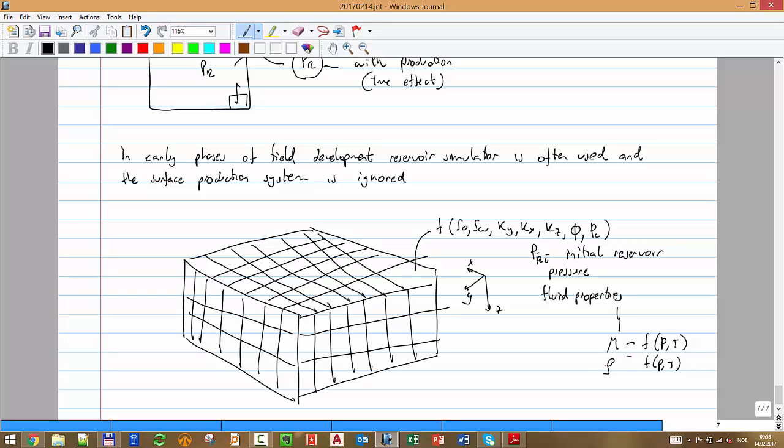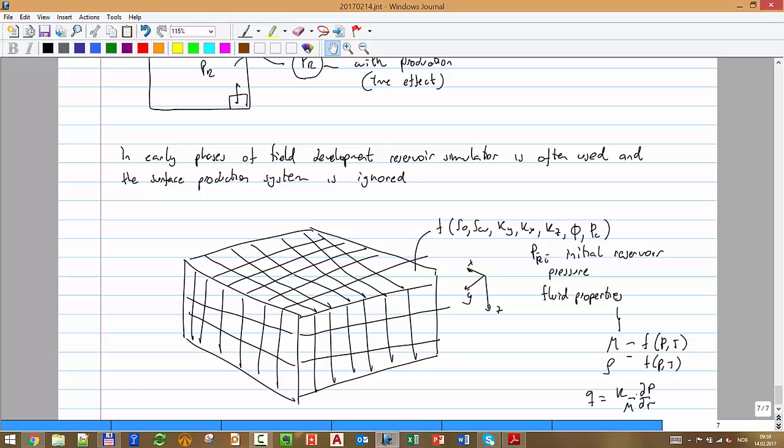Remember Darcy's law? Anybody remember how Darcy's law looks like? K, dP over dr, K over mu. Is that correct? Yes. So I need the properties of the fluid to calculate the rates. That's why I need to have properties at every point in the box.